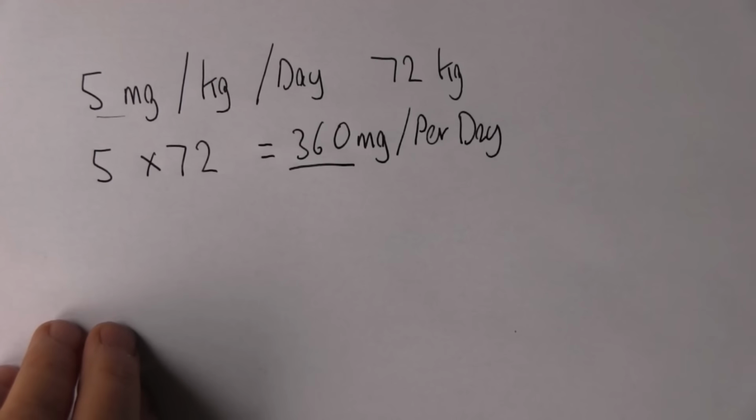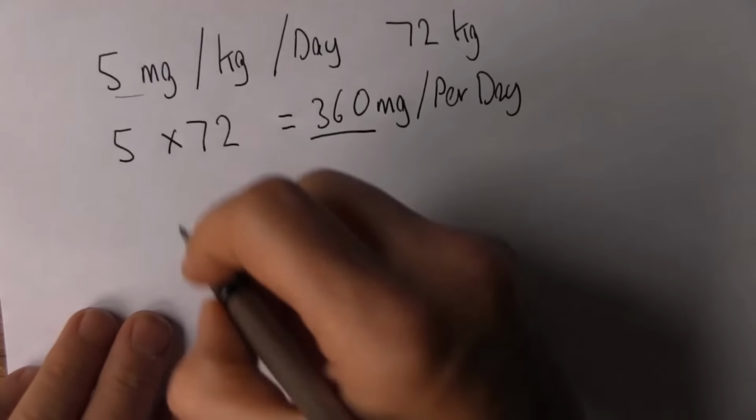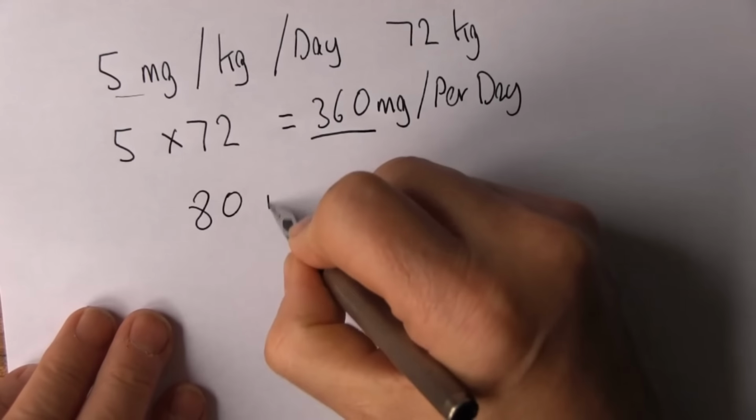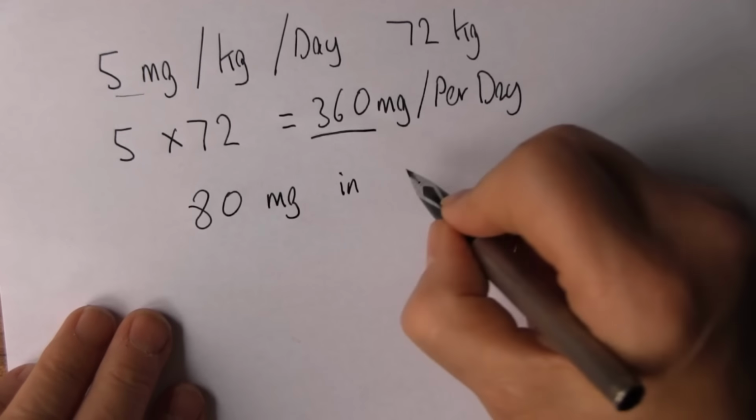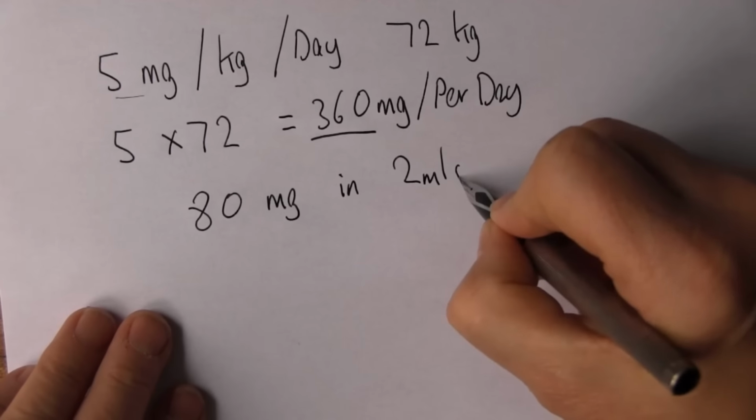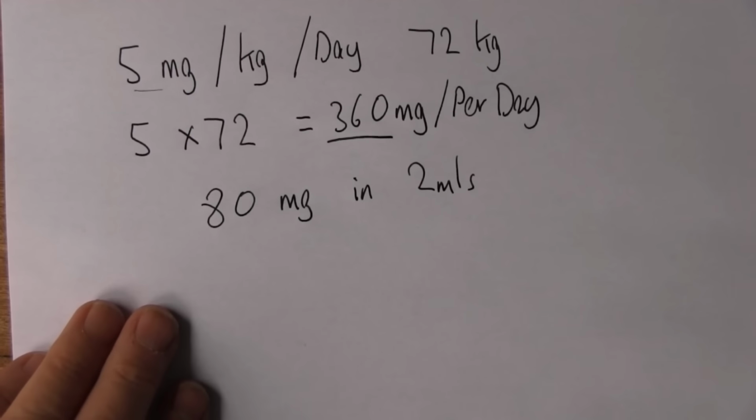Now, the information we're given here from the manufacturers is that there's 80 milligrams of gentamicin in 2 mils. But I need to give 360.